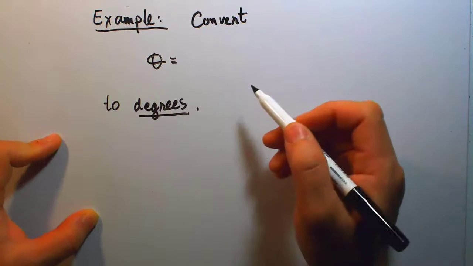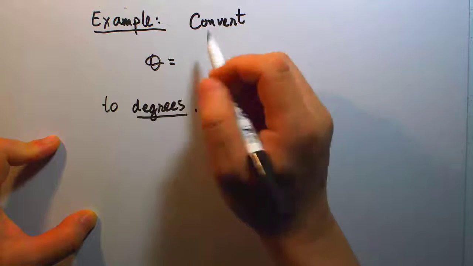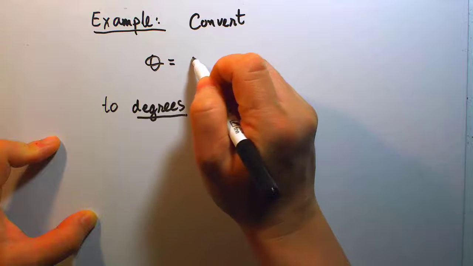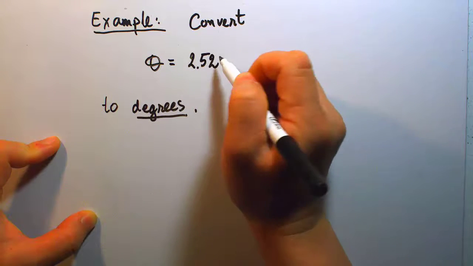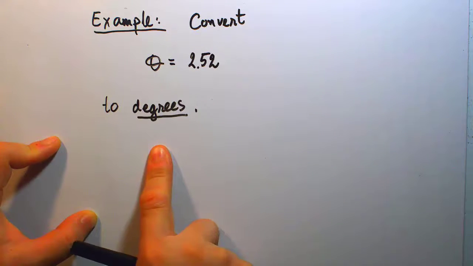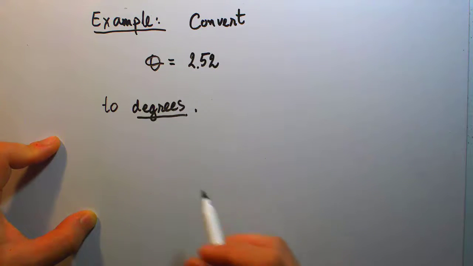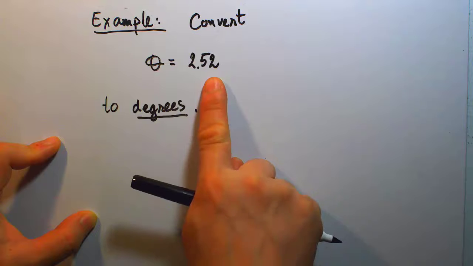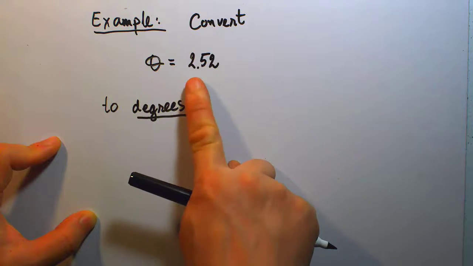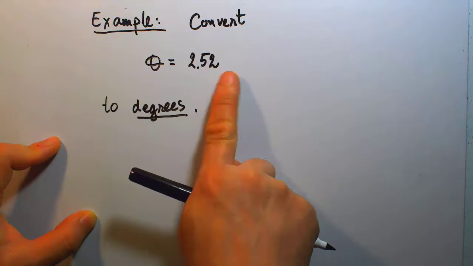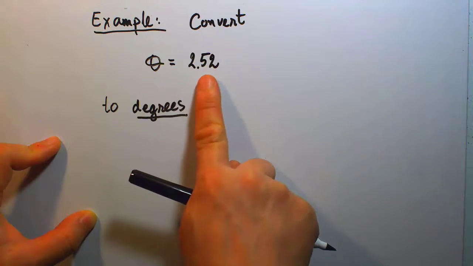In a different example, let's convert the angle 2.52 to degrees. This angle expression right here, even though it doesn't have the pi, is already meant to have the pi multiplied with some other value to get the 2.52.